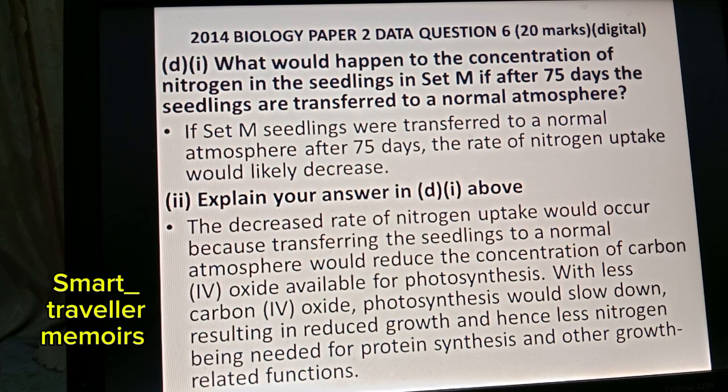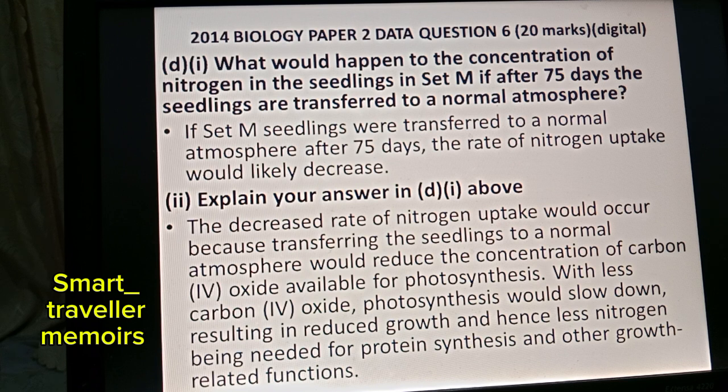For the digital research, if set M seedlings were transferred to normal atmosphere after 75 days, the rate of nitrogen uptake would likely decrease. Explanation: the decreased rate of nitrogen uptake would occur because transferring the seedlings to normal atmosphere would reduce the concentration of carbon dioxide available for photosynthesis.